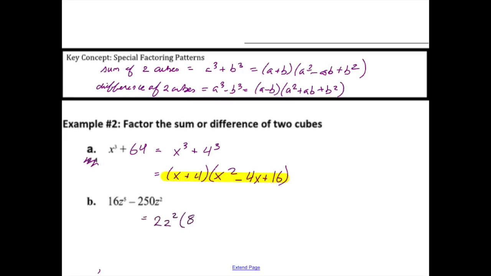Of course, in example B, first I can pull out a common monomial, which is 2z squared, which leaves me with 2z cubed minus 5 cubed, which is a difference of two cubes. And then I can use the difference of two cubes pattern to say 2z squared times 2z minus 5 times 4z squared plus 10z plus 25.